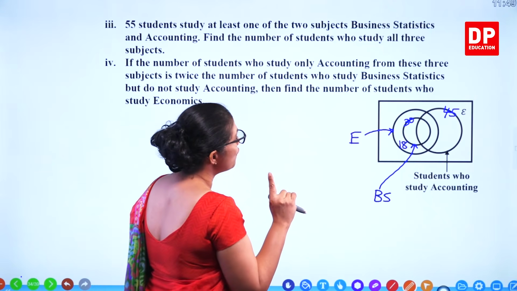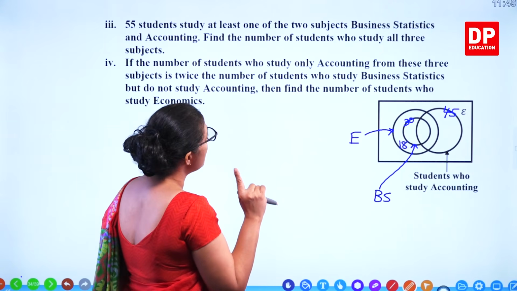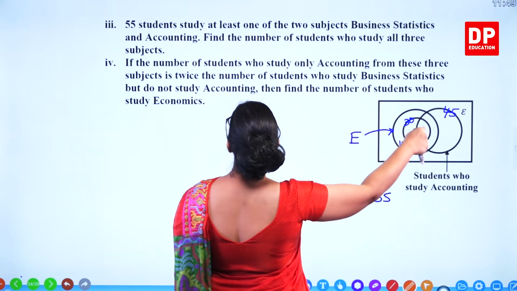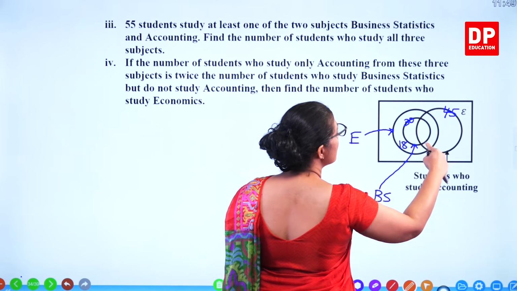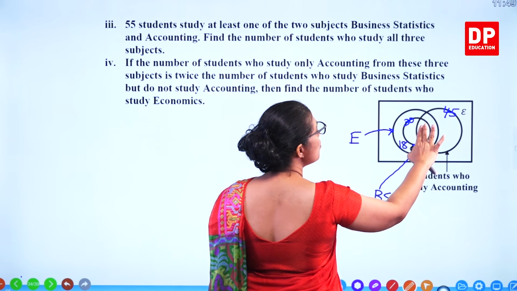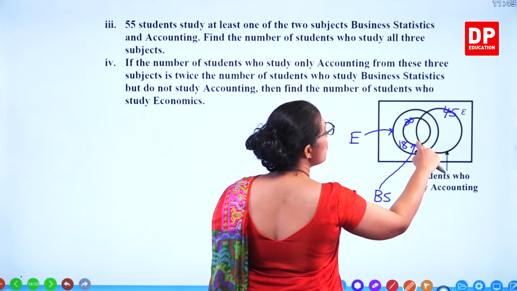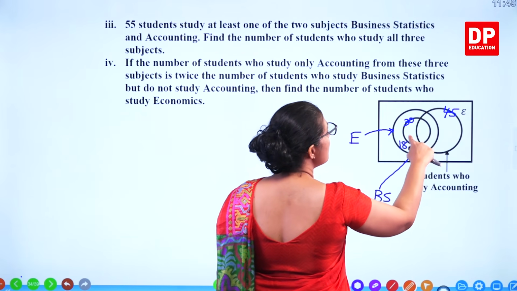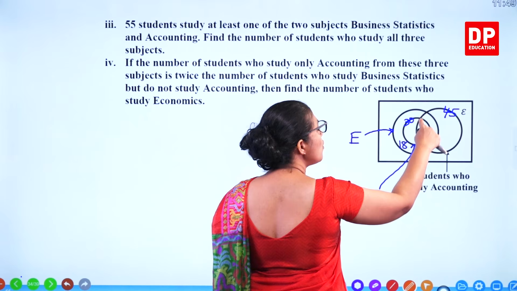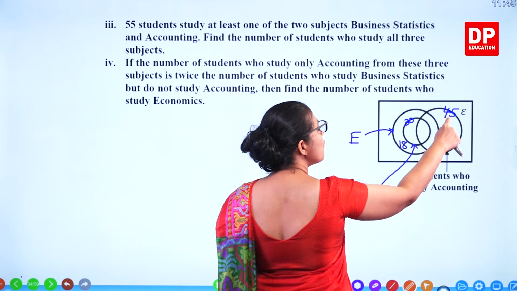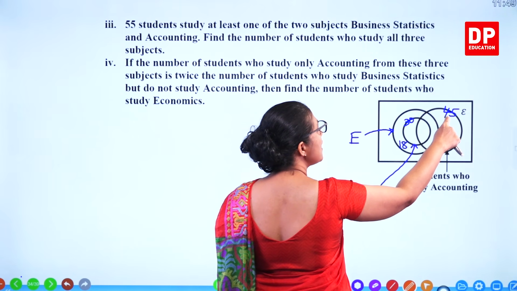So where is 55? It says business statistics and accounting. So this whole circle is 55. But we know this is 45. So 55 minus 45, that's 10.